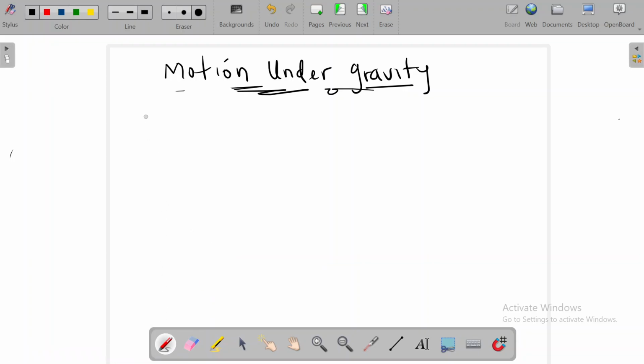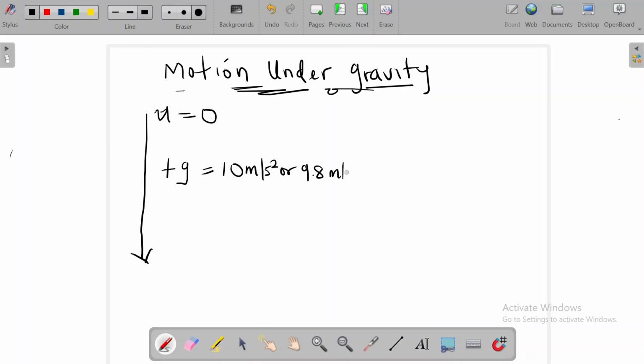One, the object can fall vertically to the ground, and in this case, we would consider u to be equal to 0, gravity to be positive, either 10 meters per second square or 9.8 meters per second square, and we need the velocity it will use in hitting the floor. So this could be 0, it moves down, it becomes 10, 20, 30, and so on.